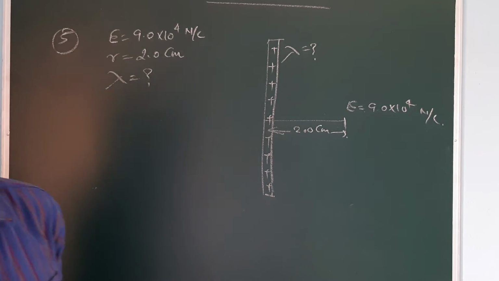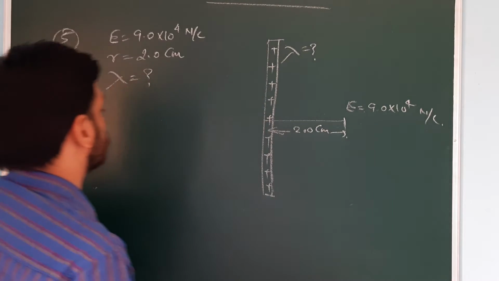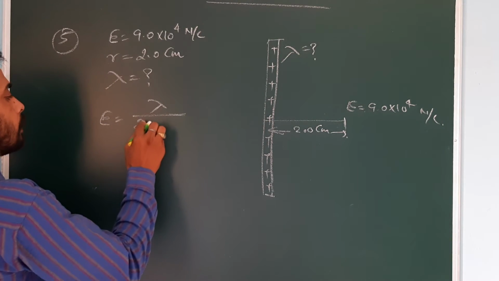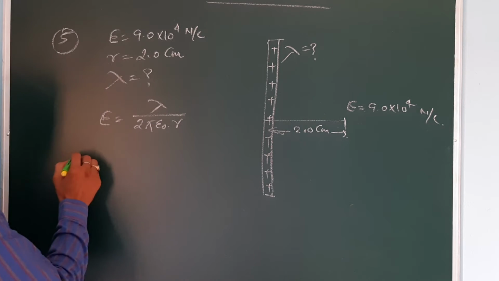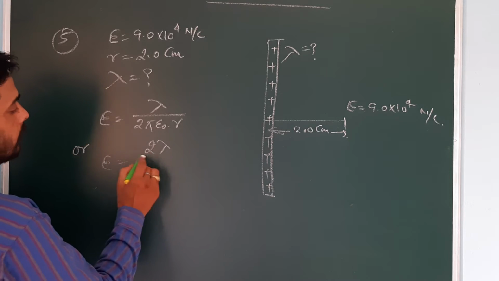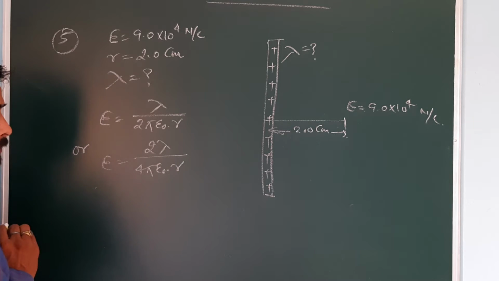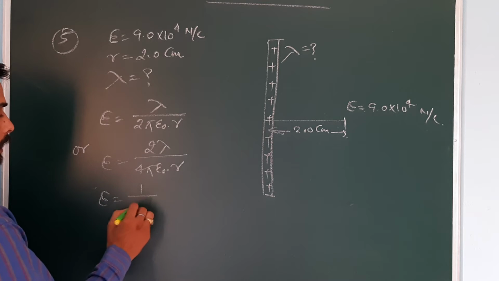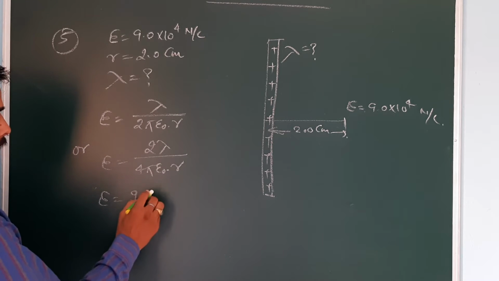As you know, the intensity of electric field due to a line charge is E equals lambda by 2 pi epsilon naught into R. It can also be written as E equals 2 lambda by 4 pi epsilon naught into R. And 1 by 4 pi epsilon naught equals 9 into 10 power 9.